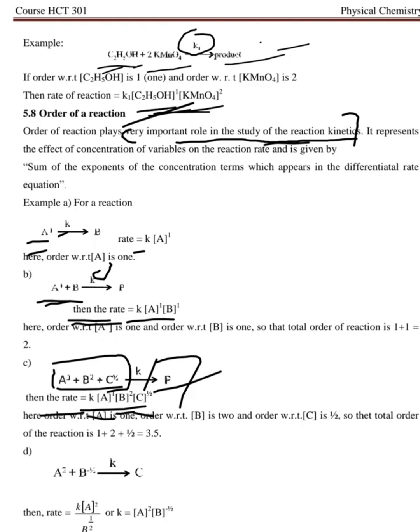You are going to calculate like this. And further, A2 plus B for Kc can be written as rate K into A2, and since minus half is there, we take it in the denominator, so we write B to the power of half.